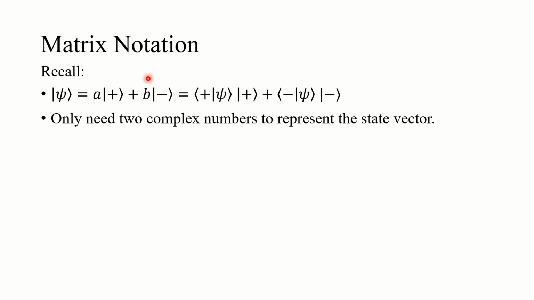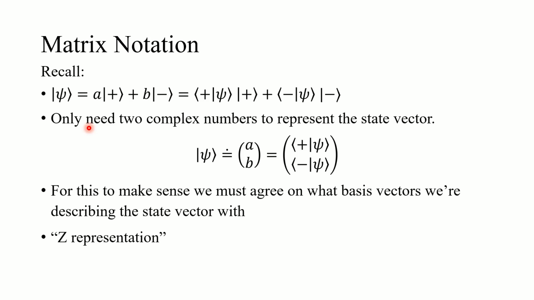So with matrix representations, what we do is we describe these kets as column vectors where the elements are those coefficients, A and B. And you see this representation captures all the information of our ket notation we've been using previously. The one thing that we have to be careful about with this, though, is we need to be clear on what basis vectors we're describing our system in.